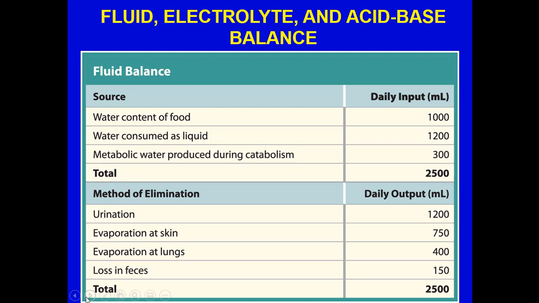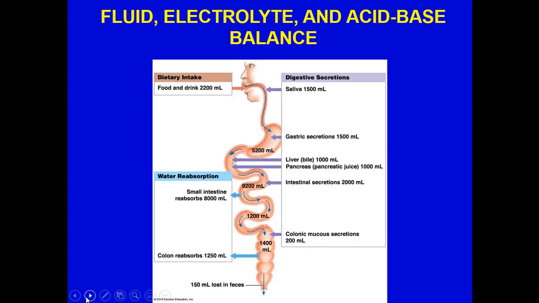So it's about 2,500 milliliters. And how do we have elimination? Well, urination, evaporation at skin, evaporation at lungs, and the loss in feces. Again, about 2,500 milliliters. So it's a nice balance there. Keep in mind that situations can occur where you won't have that balance.